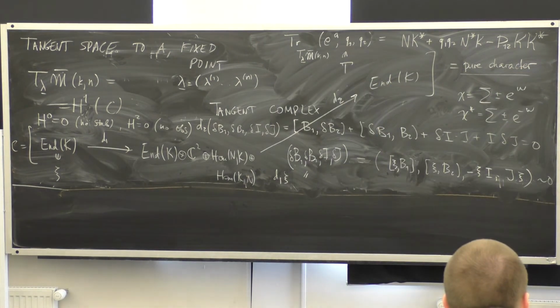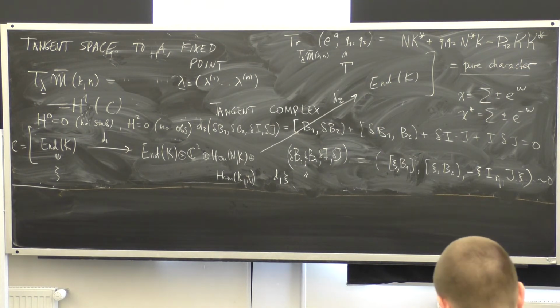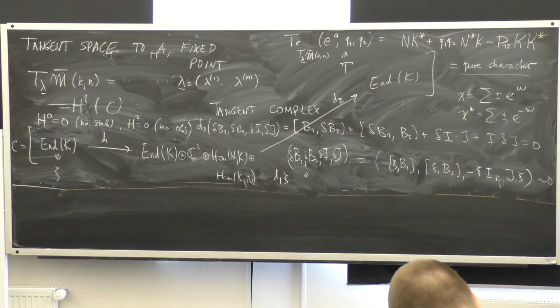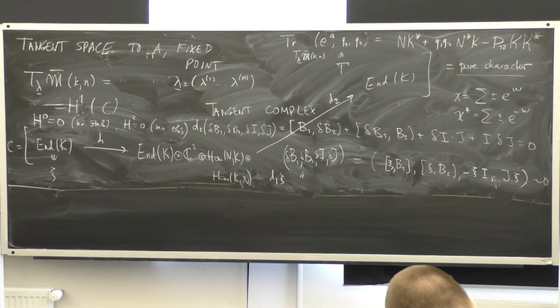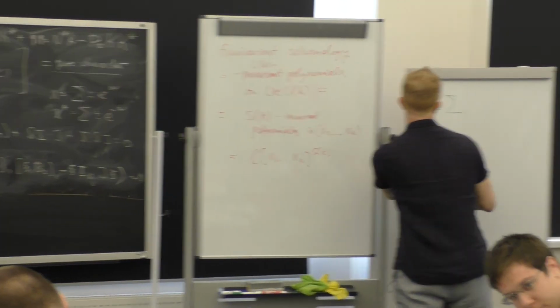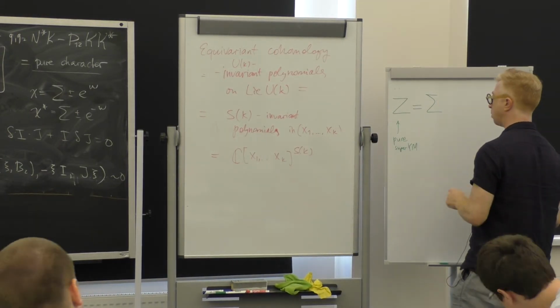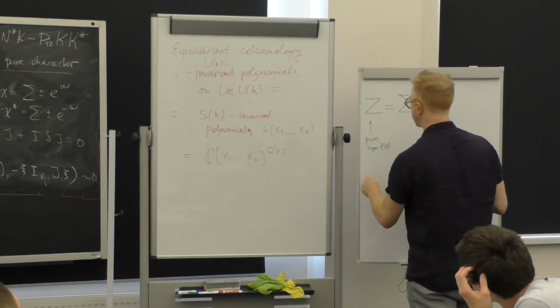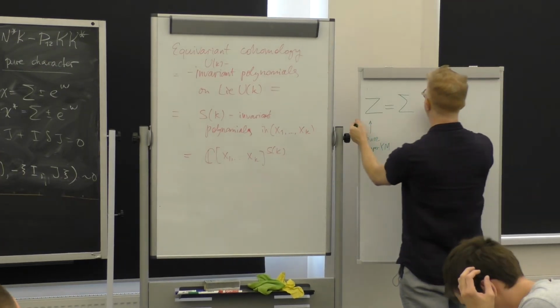So now we are in the position to define the instanton partition function. So this is the partition function of some not very interesting theory. This is what we call pure Yang-Mills theory. Tomorrow we'll define more interesting things, but let's just do it as a warm-up.